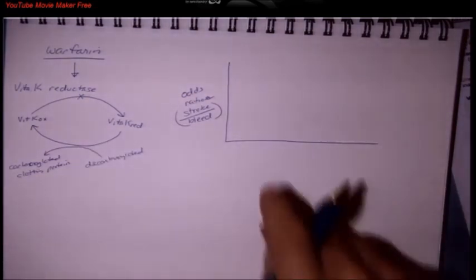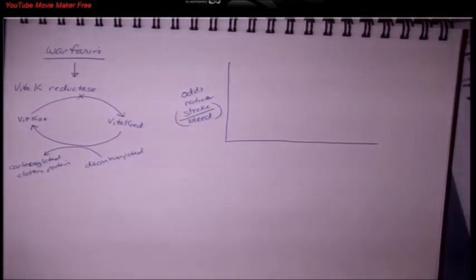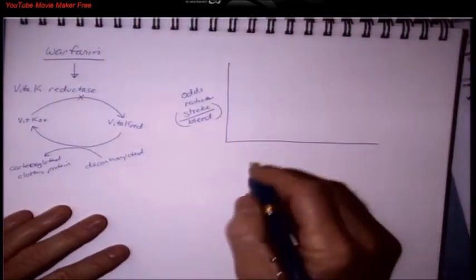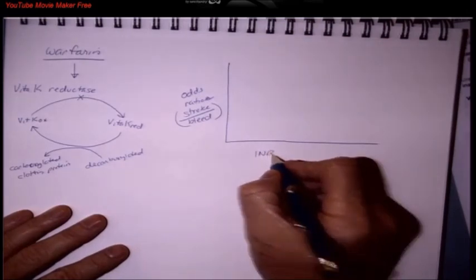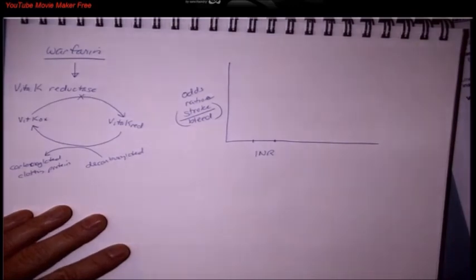We're trying to prevent a stroke from atrial fibrillation, and we're trying to prevent going too far the other way and causing a bleed. If we measure the INR, there's a specific range of INR that we want to keep ourselves in.